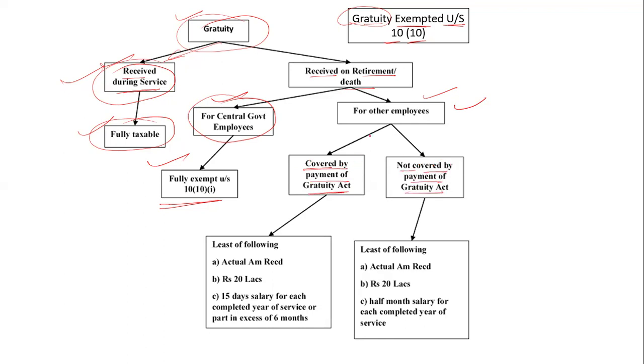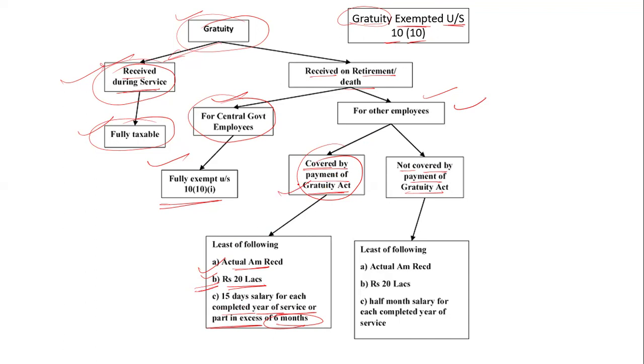If the gratuity is covered by the Act, in that case the exemption is the least of: the actual amount received, or 15 days' salary for each completed year of service (a part in excess of 6 months counts), or the maximum limit of 20 lakh. So the maximum exemption allowed is 20 lakh rupees if he is covered under the Payment of Gratuity Act.